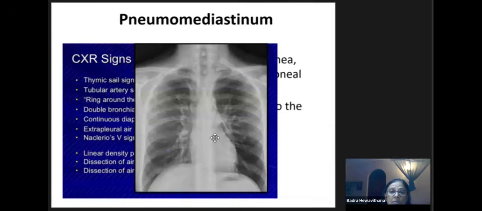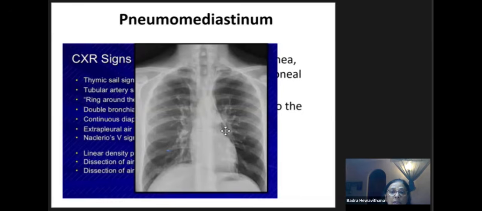So this is the easiest sign. You see a linear density, which is parallel to the heart. But be mindful about pneumopericardium. Pneumopericardium will never go above the pulmonary trunk. It will stop here, so that is where the pericardium stops.